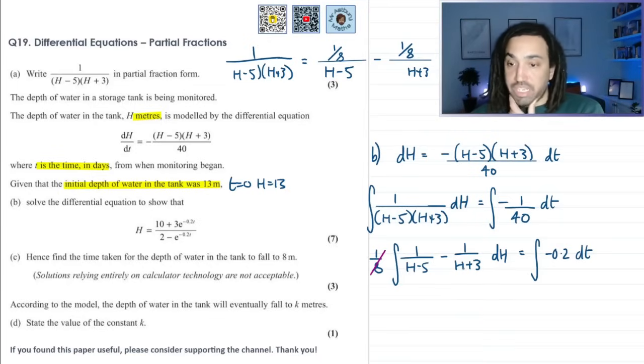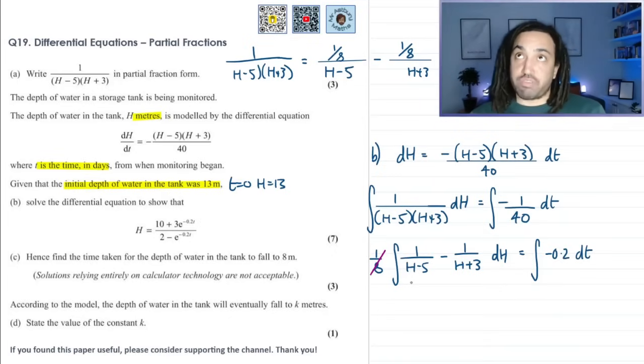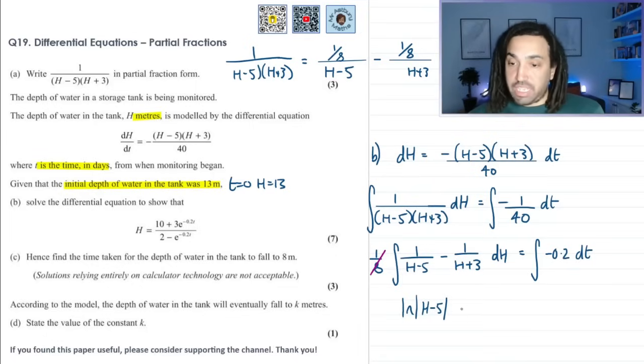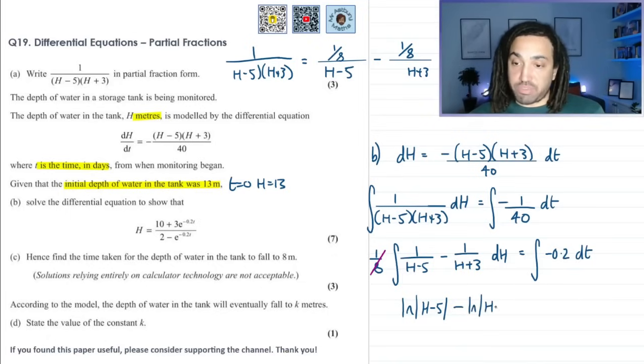Okay, and then we're going to integrate these. So this is just a straightforward ln integral because the derivative of that fraction is just 1 and the numerator is 1, which means we can integrate this to just ln of h minus 5. And this one, again, there's a minus there, but this is just going to integrate to ln of h plus 3.